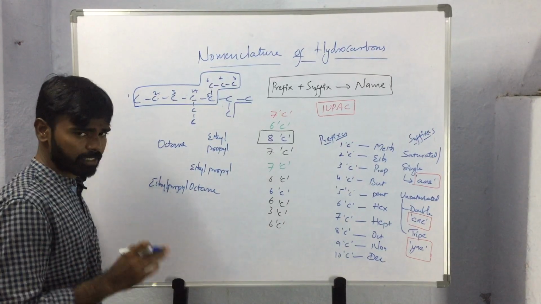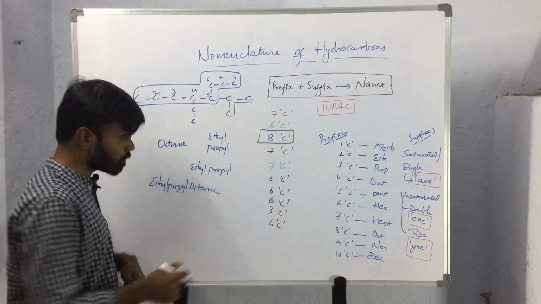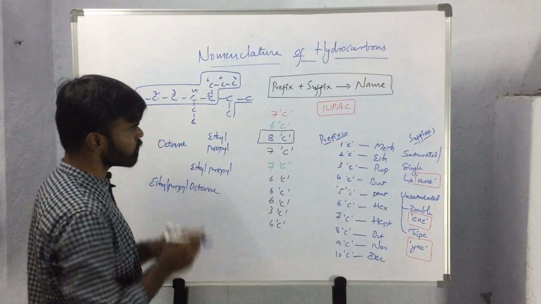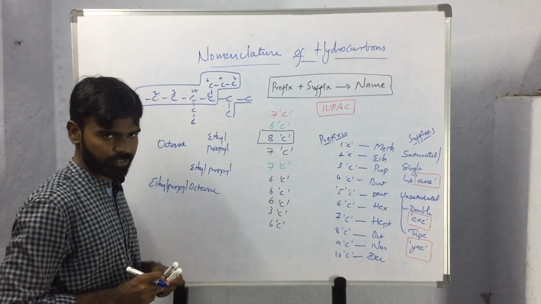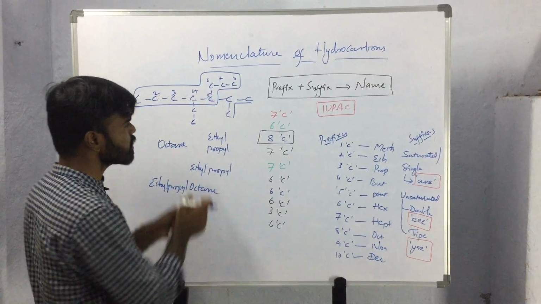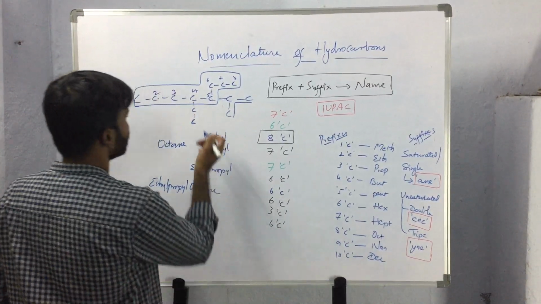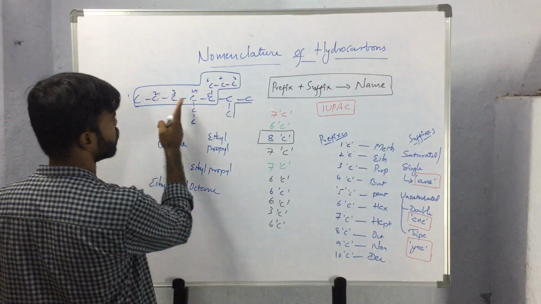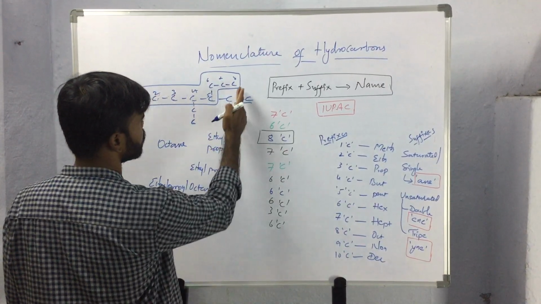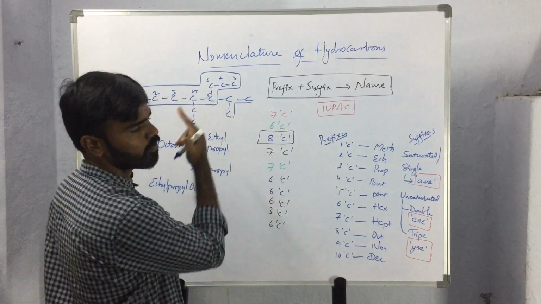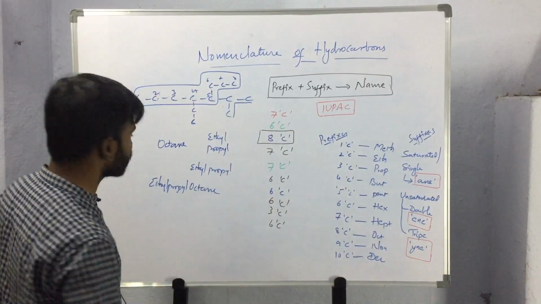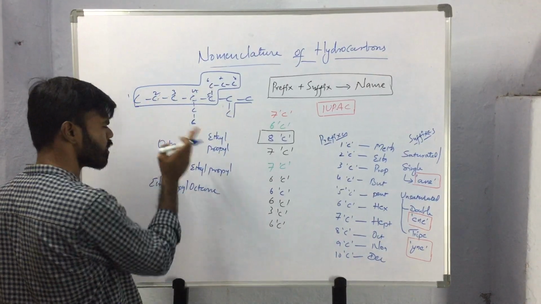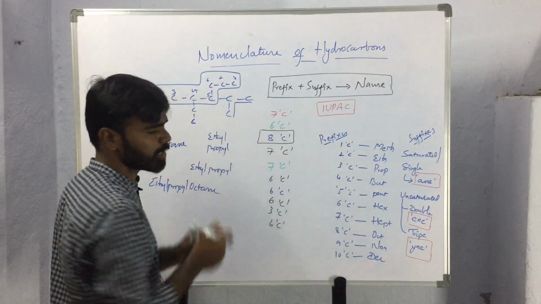But here we should keep in mind that, as we have seen in the previous case, we have to designate the exact positions of these substituents. So for that, we have to give numbering. If we start from here, the fourth carbon atom will get the substituent. If we start from here, 1 2 3 4, again the fourth carbon atom will get the numbering. So we will start numbering either from here or from here, no matter.